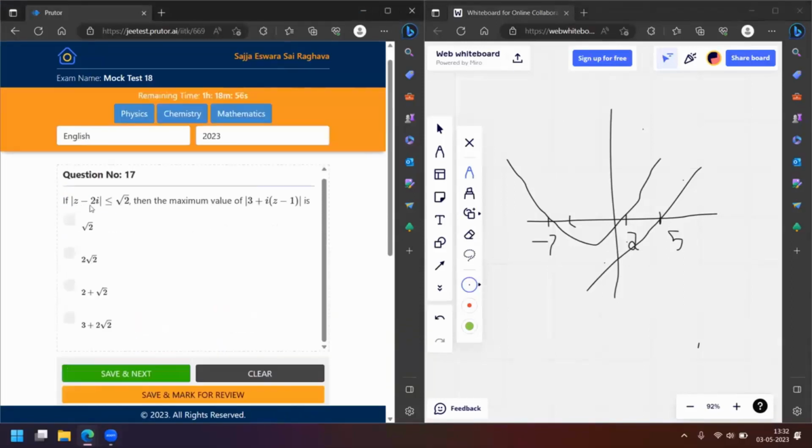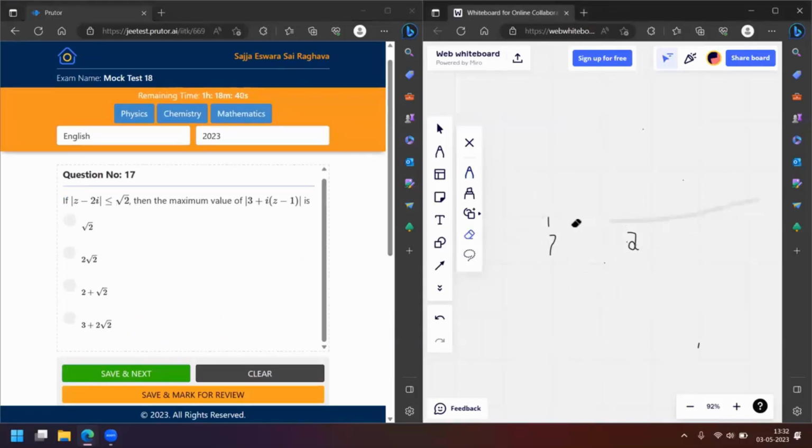Next, the modulus of z minus 2i is less than or equal to 2. First we have to find where the following points lie. It is given mod of z minus 2i, which is equivalent to the distance if we draw a Cartesian plane.